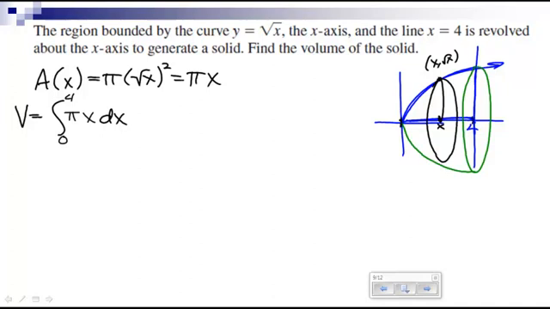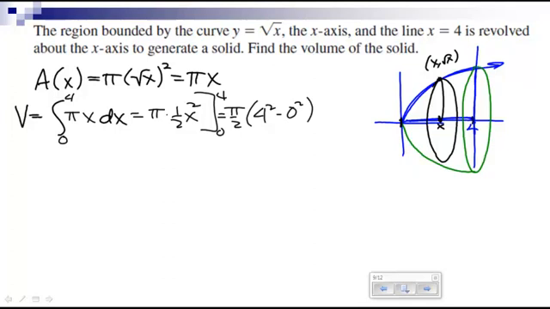I think I can do that integral. At least I hope so. Let's try it. Pi times 1/2 x squared, evaluated from 0 to 4. Check my work, please. Is equal to pi over 2 times 4 squared minus 0 squared.